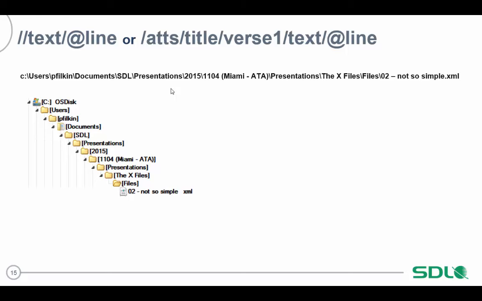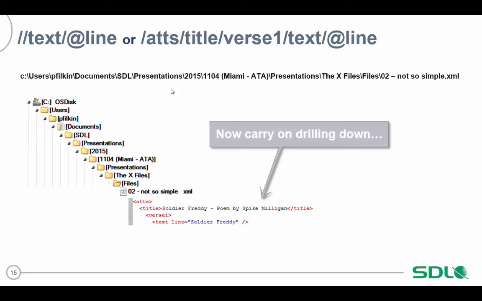So there's the path in order to get to that attribute. And if I stick that on the end of the path to the file and just drill down further, you can see it makes complete sense, because the structure of the file is exactly the same way. All I'm doing is finding information within that structured path by using the same sort of syntax as you would if you were just looking for a file. So it's fairly straightforward.